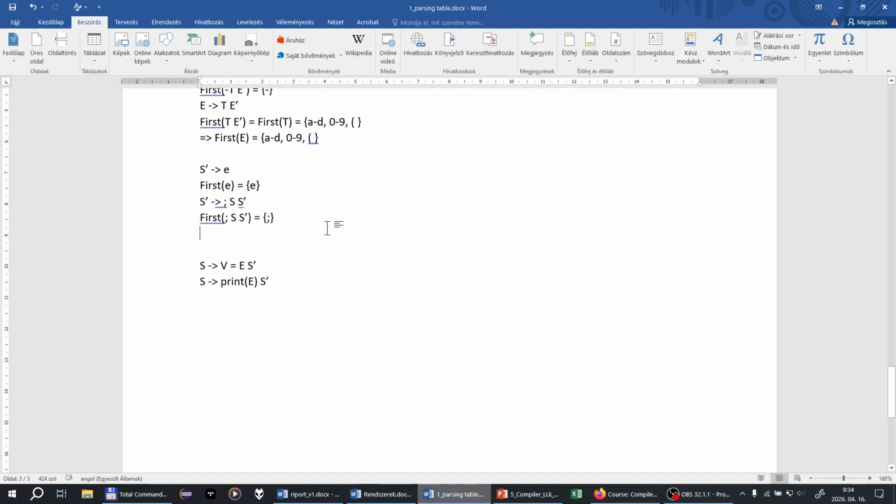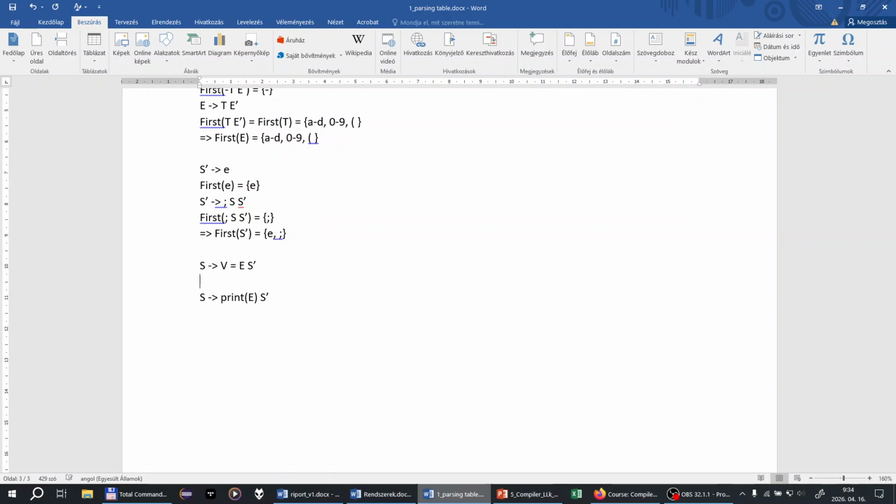And as a result, first S prime contains both the epsilon and semicolon.